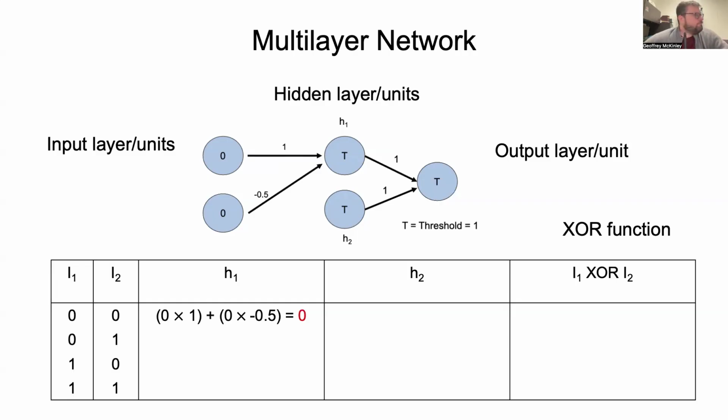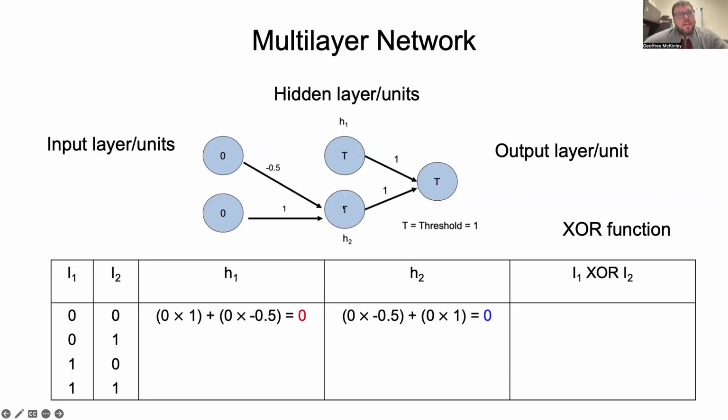Then we do this again for hidden unit two. Zero multiplied by this weight, which is negative 0.5, is zero, plus zero times this weight, which is one. When you add those two together, you get zero.